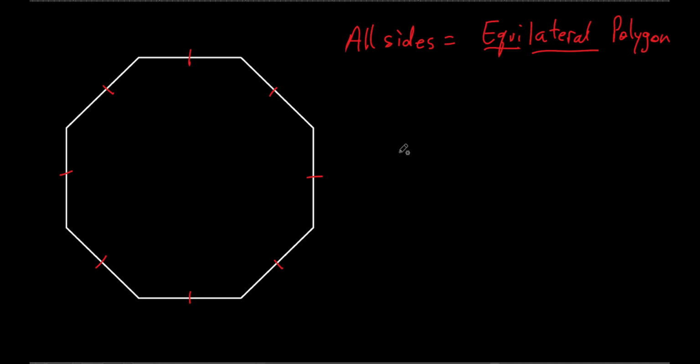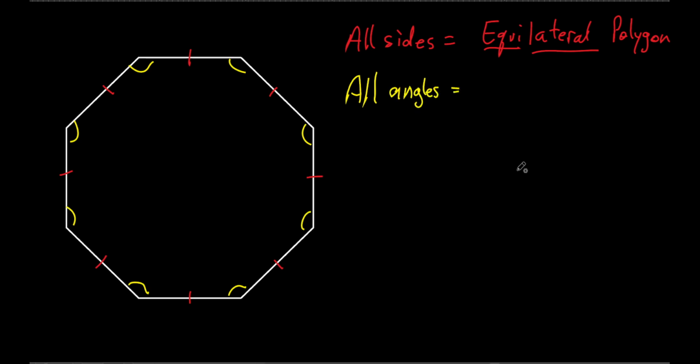What if, I'll just do this in a different color instead of erasing all these other ones. What if you only knew, forget the red right now, I'm not going to erase them, but forget the red. Just look at the yellow. What if you knew that every angle was equal to each other? So all the angles are equal.